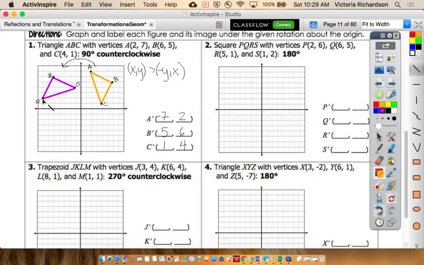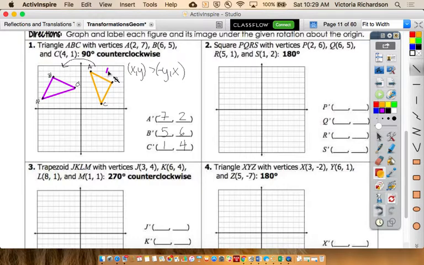So if you're struggling with this, it would be a good time to use patty paper. What I want you to do is lay the patty paper over the top of the ordered pair. I want you to trace the x-axis and the y-axis and trace your original picture, which is triangle A, B, C. And then I want you to take the entire piece of patty paper and turn it one turn to the left.